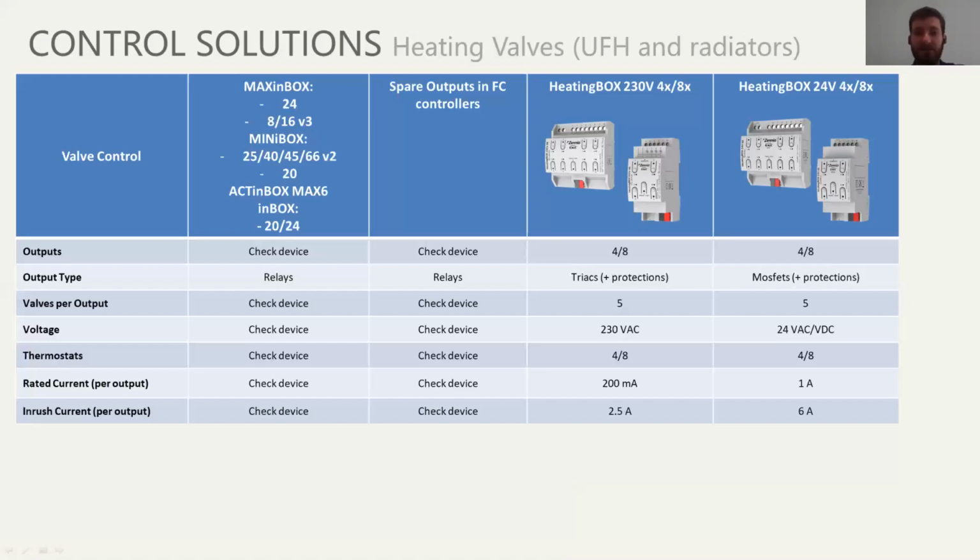They have electronic relays, whether that's triacs or MOSFETs, depending on the version. So 230 volt has triacs, 24 volt has MOSFETs. So you don't have the sound. The life cycle is almost infinite, because it's electronic, it's not an actual mechanical change, so it will not break.